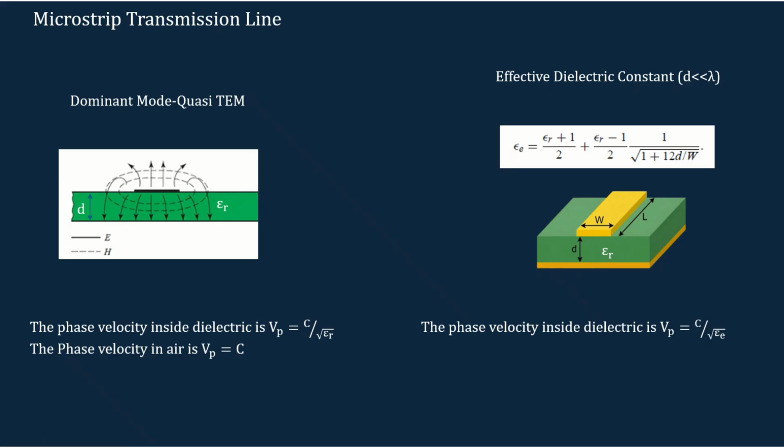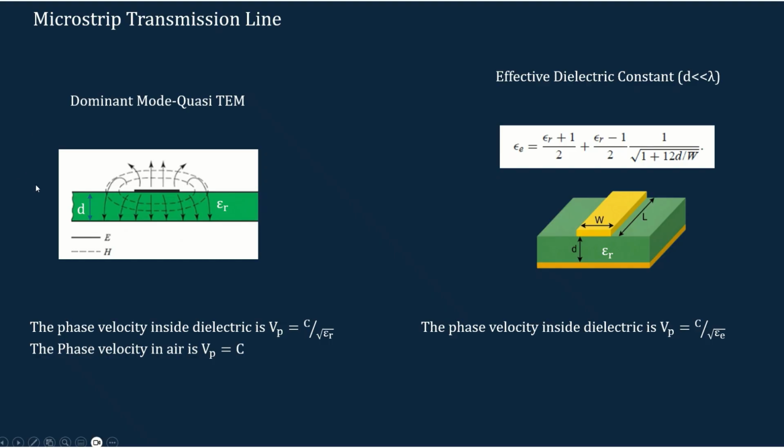When you consider wave propagation inside the dielectric, the phase velocity will be Vp equal to c by square root of epsilon r, because it depends on the dielectric. When the wave propagates in air, the phase velocity equals the speed of light, because air does not have any dielectric impact.